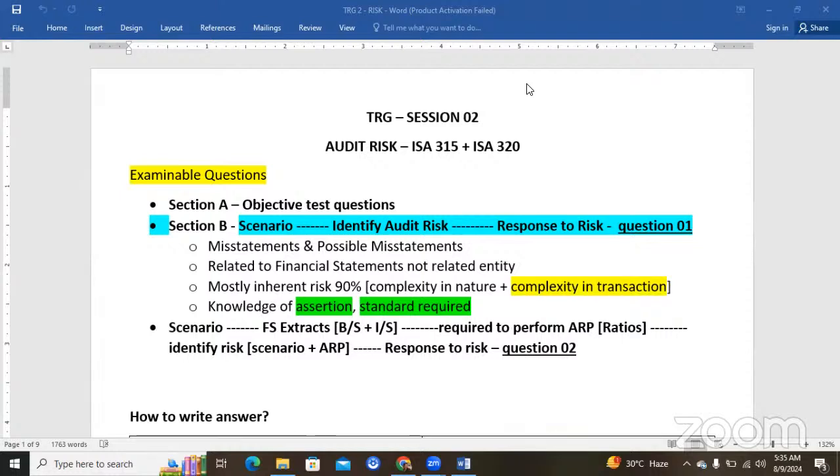Therefore, with audit risk, Section A objective test questions are possible. In Section B, they might give a scenario and ask you to identify audit risk and the response to audit risk. Probably Section B, question number 2. There is a high chance you will get this question.